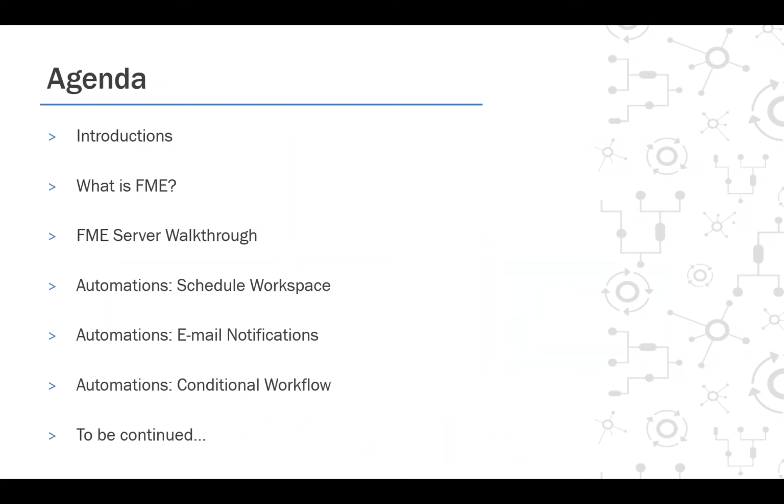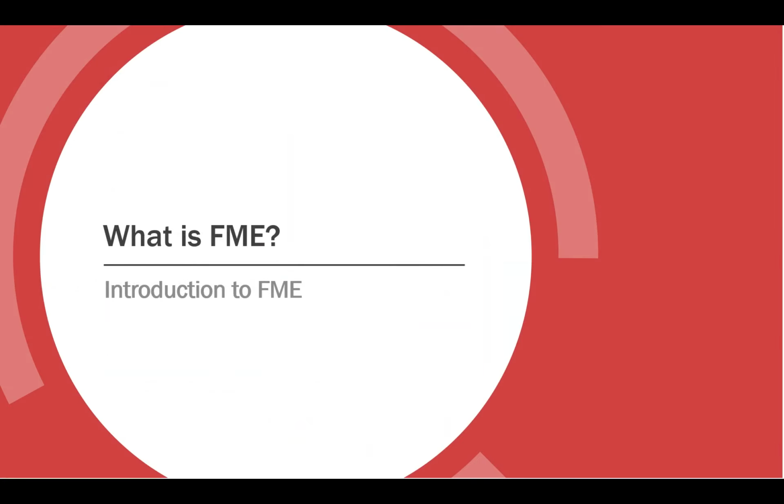It's a new functionality in 2019. Automations does some of the same kinds of things as the old notifications, and we're going to build a workflow with that. So we'll build a schedule, email notifications, and make it a conditional workflow. So, without further ado, what is FME?